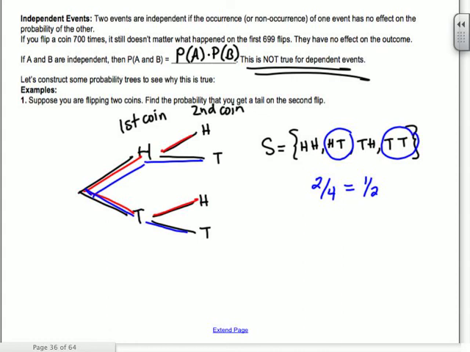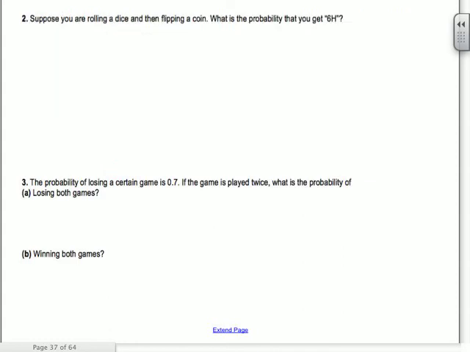Okay, let's try another one. Suppose you're rolling a die and then flipping a coin. What's the probability that you get 6H? You need to do each of your 1, 2, 3, 4, 5, 6 for the possibilities, and then each of those is going to have heads and tails.